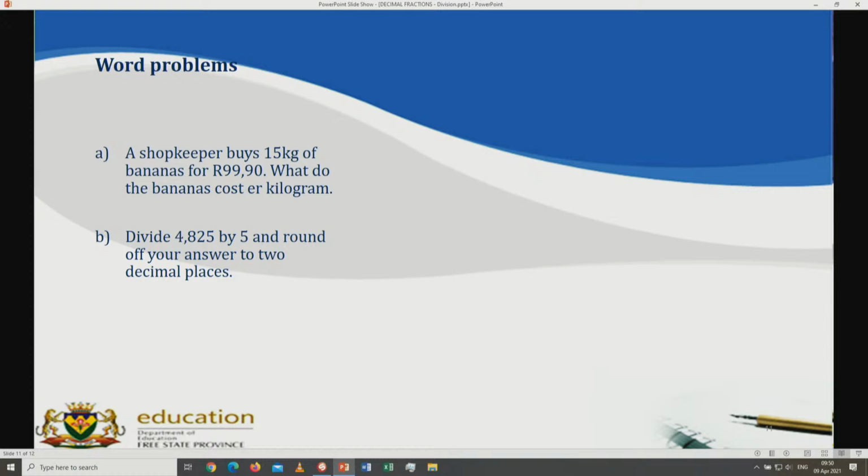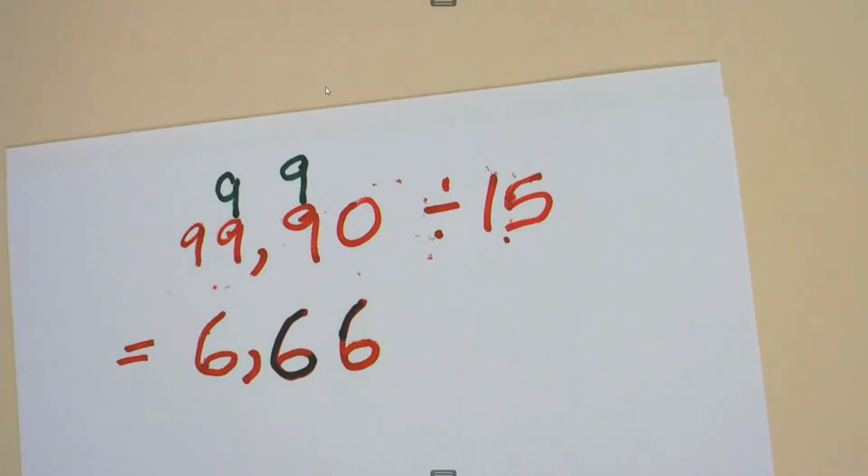What do the bananas cost per kilogram? It will be what? Now you must answer that question. Don't leave it like that. You must now answer this question.